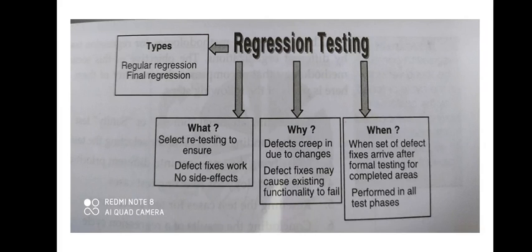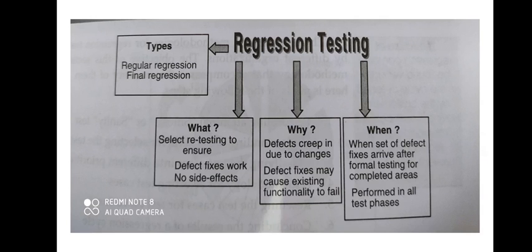You can also go for it periodically. In the diagram, there is a rectangular box saying: select retesting to ensure defect fixes work and no side effects. That means you have to remove the side effects. Why? Because defects creep in due to changes.